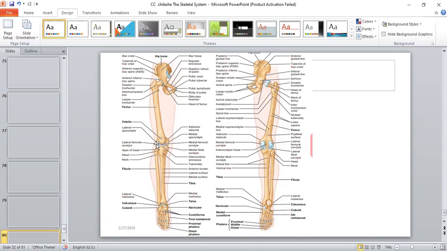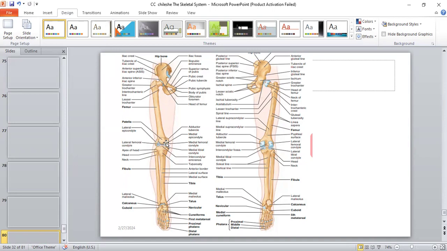Those projections are known as condyles. And then immediately on top of the condyles, we have what are known as epicondyles.